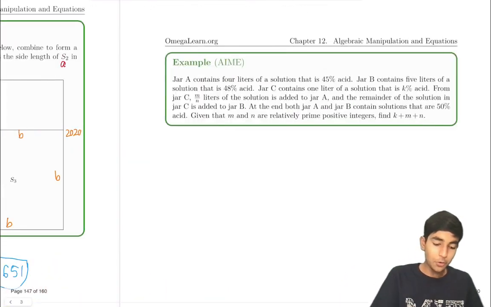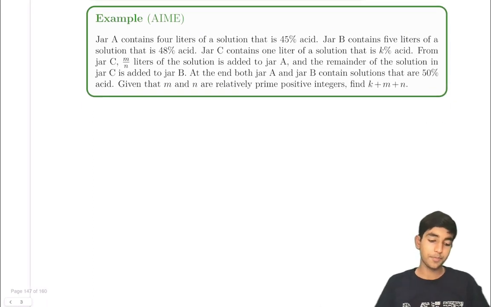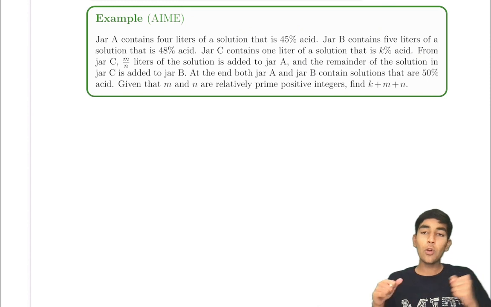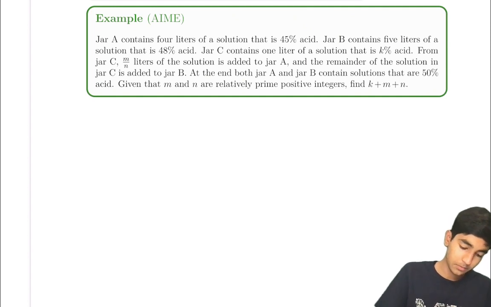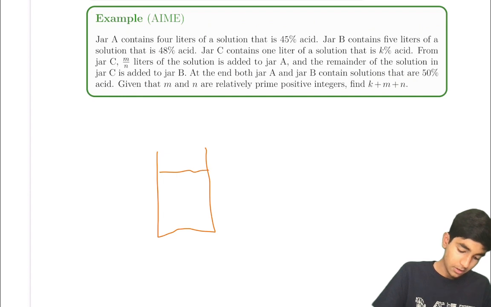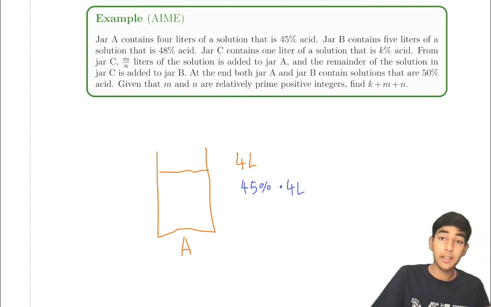Okay, let's solve another cool problem. Tricky systems of equations application. Jar A contains 4 liters of 45% acid solution. This is jar A, and it has 4 liters. 45% of it is acid, so 45% of 4 liters is acid.